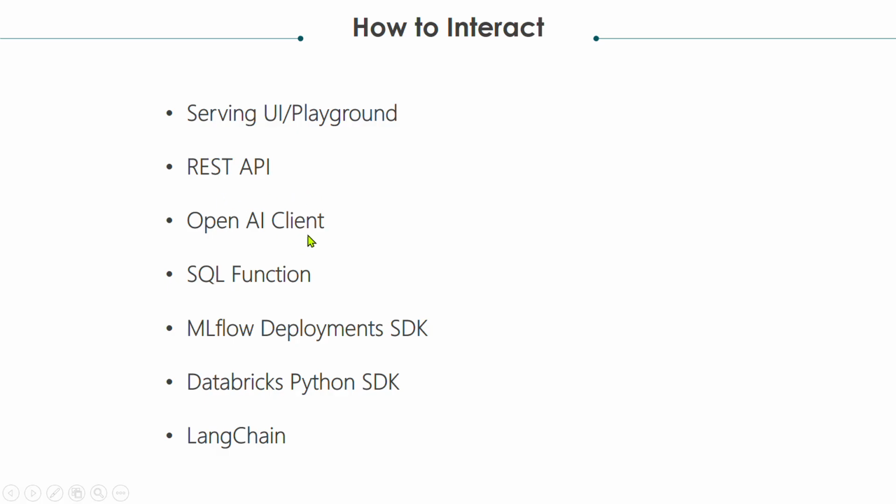And then we can also interact with them using the OpenAI client, a library provided by OpenAI, which is very widely used not only with OpenAI; almost all the famous models or companies provide compatibility with the OpenAI SDK. So this is the most widely used way of interacting with models. We will see it in a demo as well.